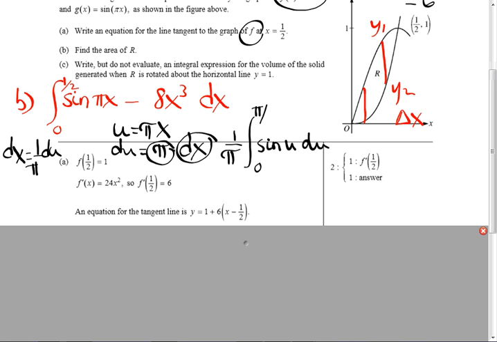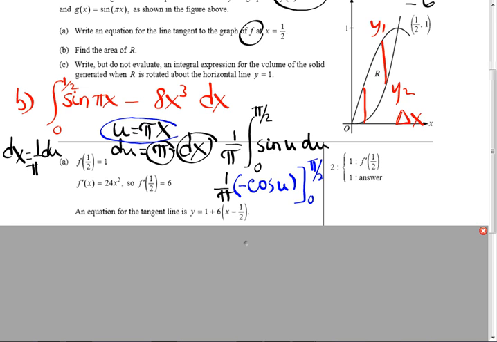If x is 1/2, u is pi over 2, because you put 1/2 right into u equals pi x. You have to switch the limits to the u values; they might ask you that in the multiple choice.